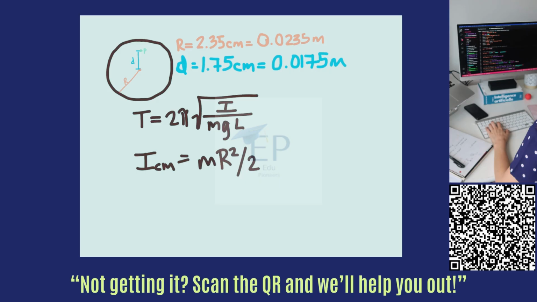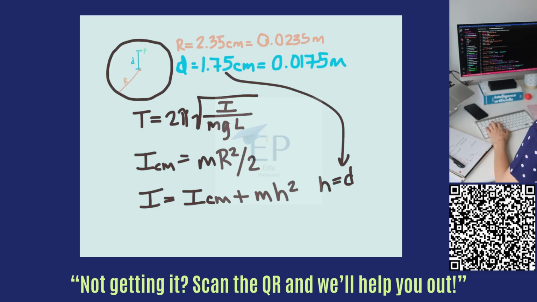And then using the parallel axis theorem, we can find that the total inertia is going to be our inertia around the center plus the mass times h squared. And in this case, our h equals d.